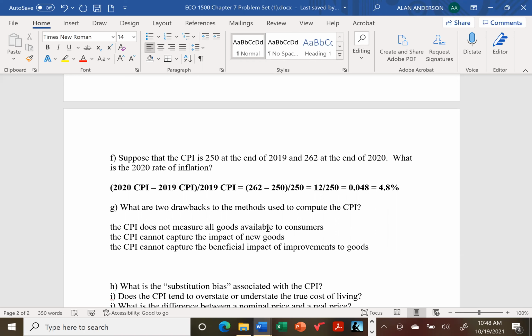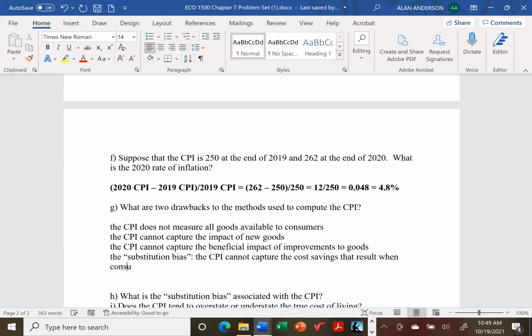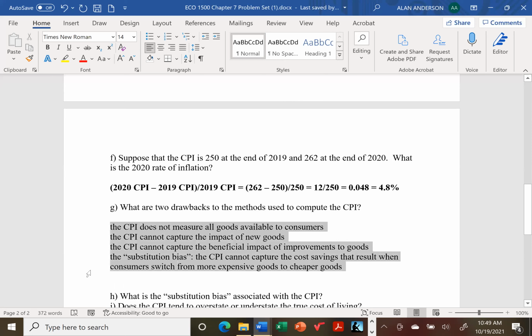All right. And then, of course, the substitution bias, which means that the CPI cannot capture the cost savings that result when consumers switch from more expensive goods to cheaper goods. And that's a big deal. In other words, if prices start to go up, you may be able to switch to something different.